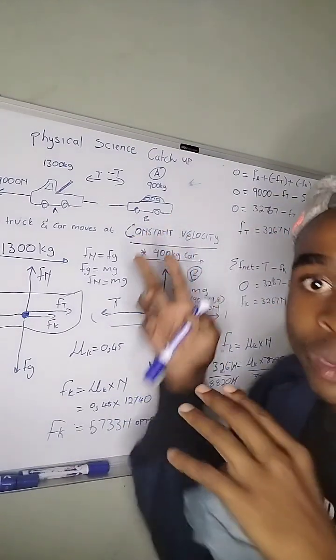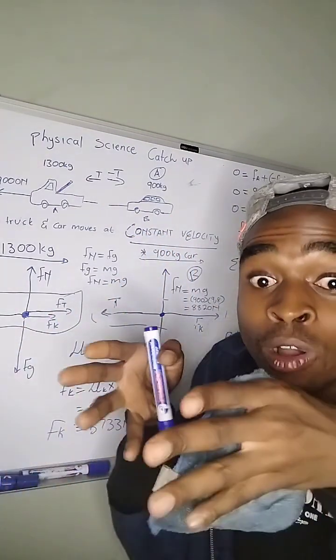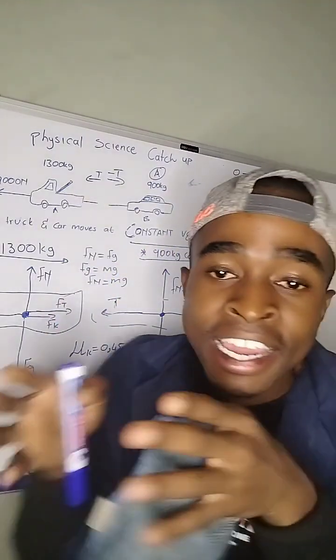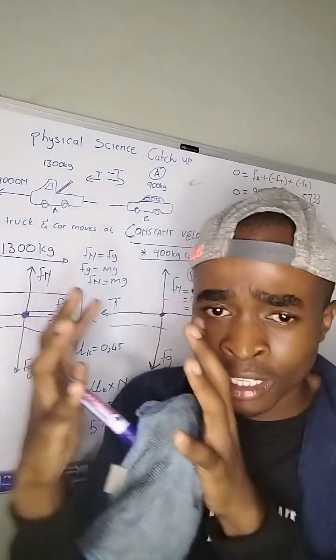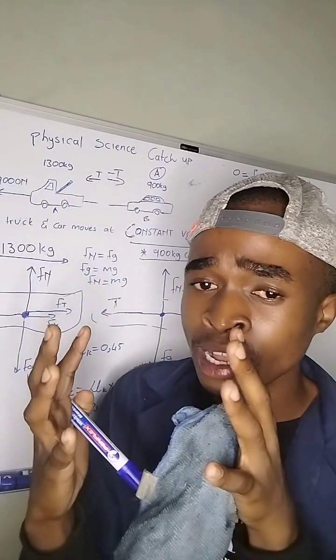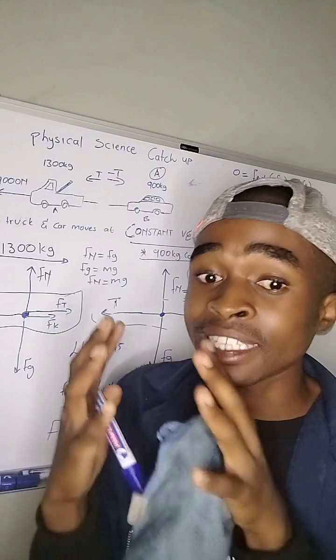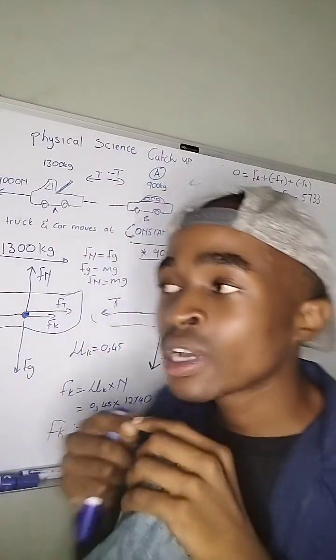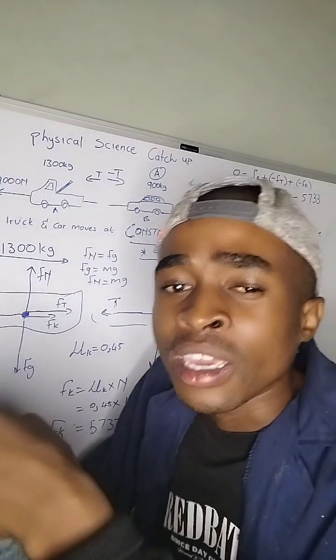Because the car was adapting to the constant velocity. It adapted to that constant velocity, and as it adapted to the constant velocity, it was moving.